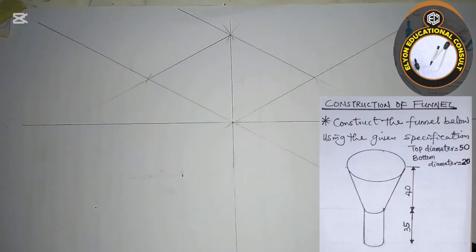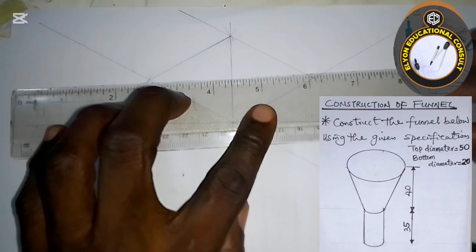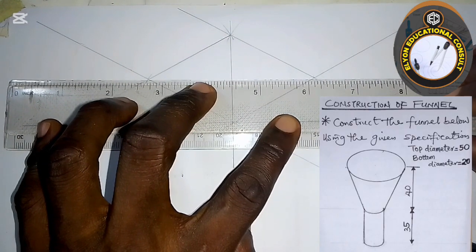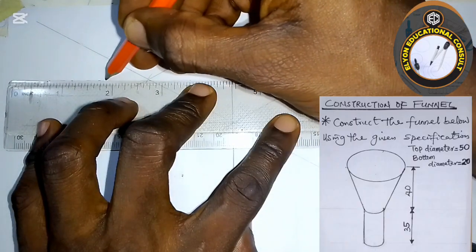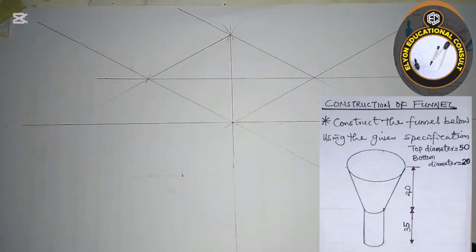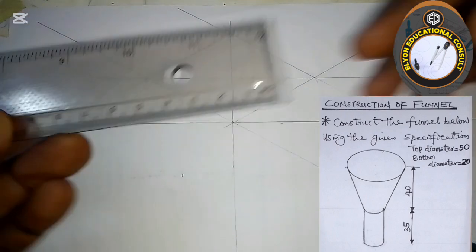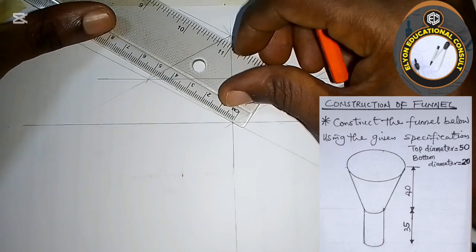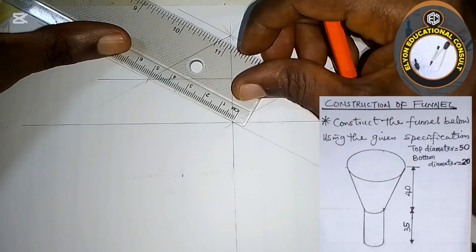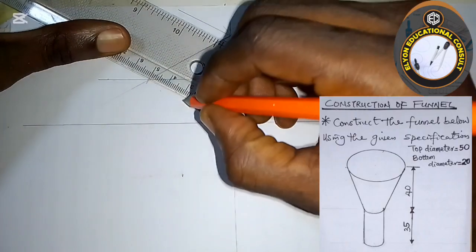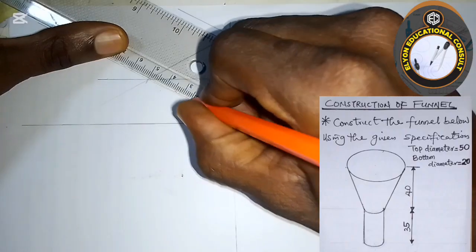So this is going to give us our isometric square. The next thing I'm going to do, I will join the longest diagonal. This is the longest diagonal. Connect them this way. Then I will take half of this side, that will give us 25. That's the radius.